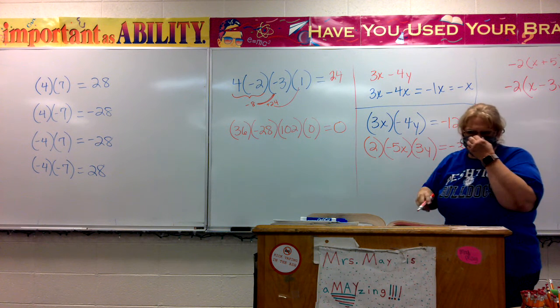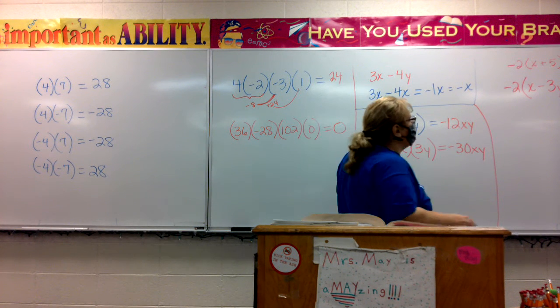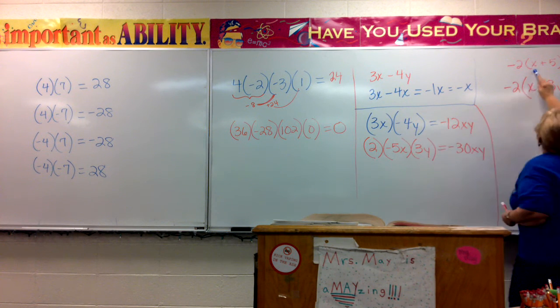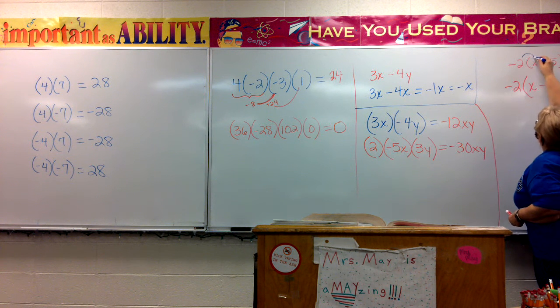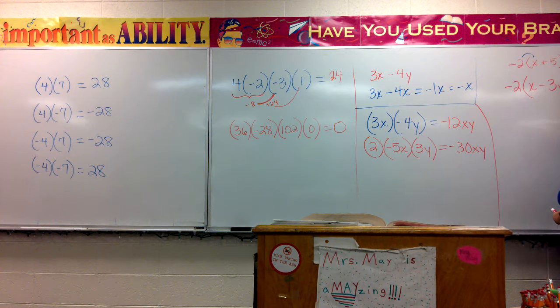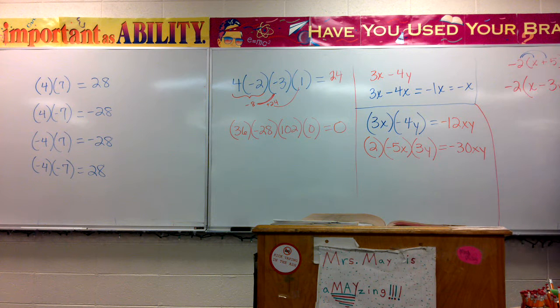Yesterday's we used the distributive property. If you look inside the parentheses, there's nothing you can do. So you go outside the parentheses then and multiply, yes? So multiply, what do you get? Negative 2x and minus 10.